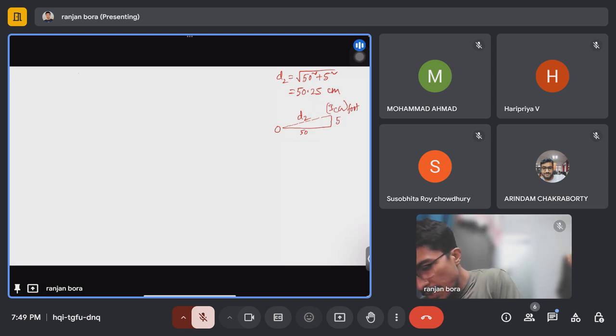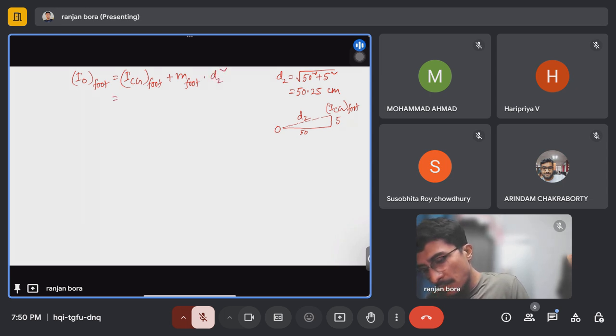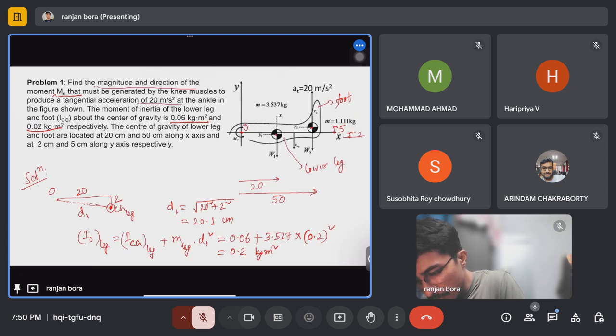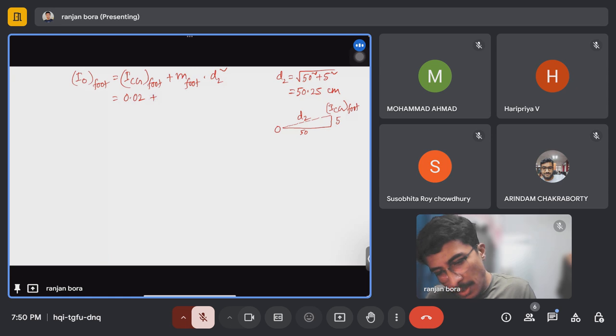So moment of inertia about point O for foot will be I CG foot plus mass of foot dot d2 square. It is 0.02, mass of foot 1.1, d2 square.